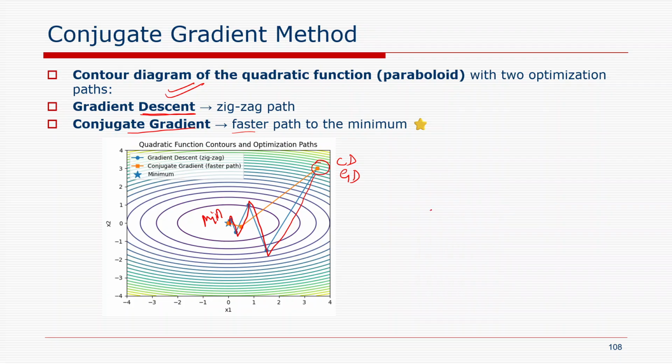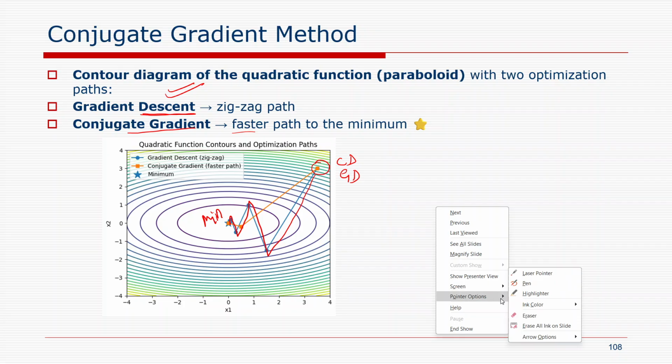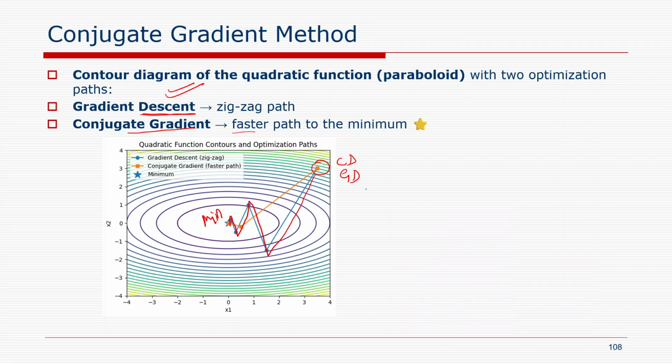But when you observe this conjugate gradient, it started here once again, but it took this step and then it took this one, and it was able to converge a little faster when compared to the gradient descent. That is, convergence will be a little faster with the conjugate gradient when compared to the gradient descent. That's why sometimes we use the conjugate gradient descent in the optimization.